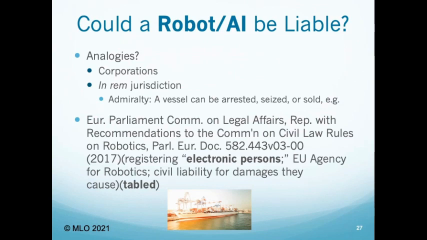A vessel can be arrested or seized or sold. And interestingly, in Europe, just a few years ago, there was a serious proposal that Europe recognize something it called electronic persons. Eventually that decision was tabled, but the idea was that a robot could in some sense be an electronic person and therefore presumably sue and be sued.